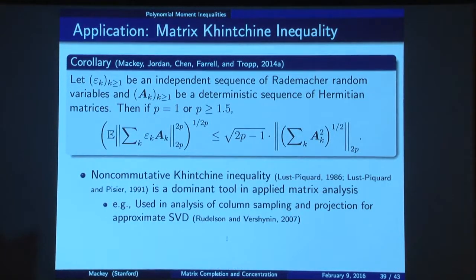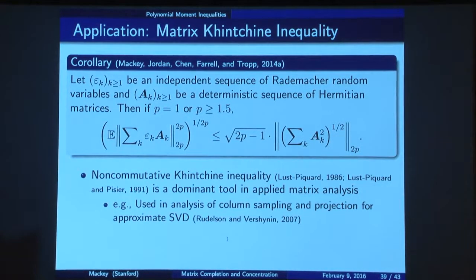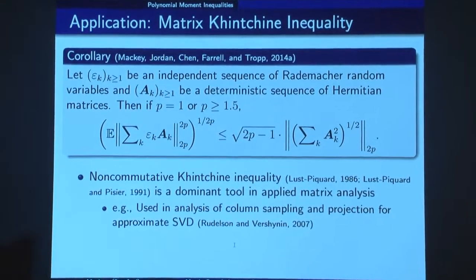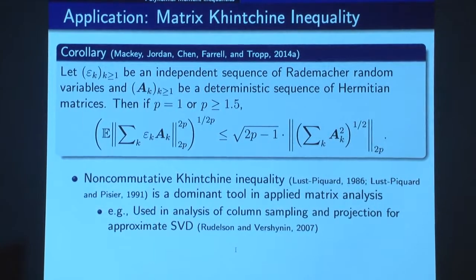OK, so one implication of that result is the matrix Khinchin inequality, which has been a dominant tool in applied matrix analysis used to analyze random matrix multiplication and also approximate singular value decompositions. And you recover that by specializing that last inequality, again, to a sum of random matrices.